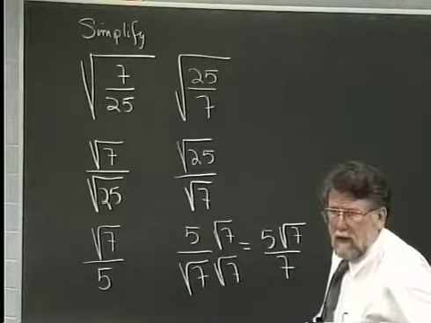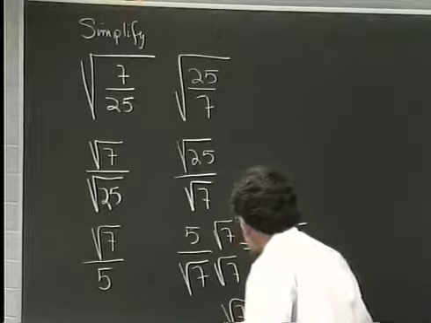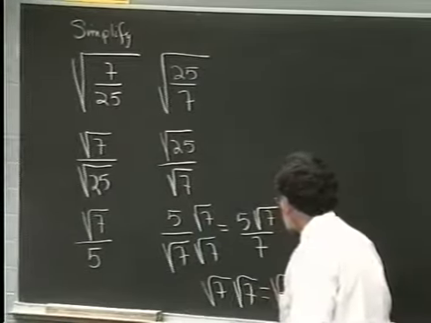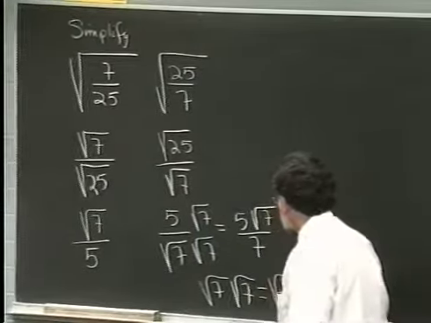And just a comment here. When you look at the square root of 7 times the square root of 7, you could argue this is true by the product rule, right? And then you could argue that is 7, which is where this number is coming from.